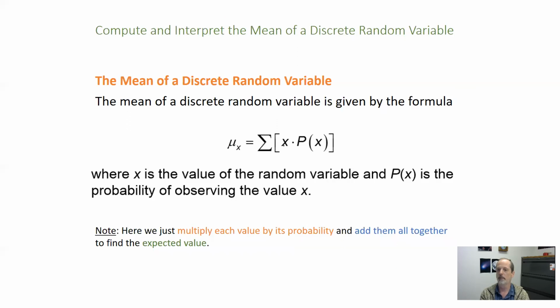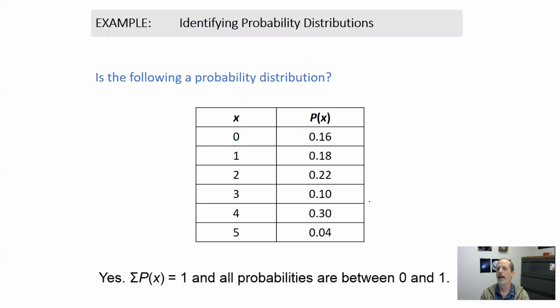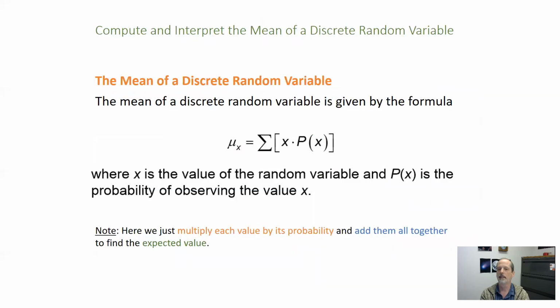So I'm summing the products of each row, and that winds up calculating what we call mu of X. So if X is the number of days per week a worker goes to lunch, then I've created the average from this formula right here.